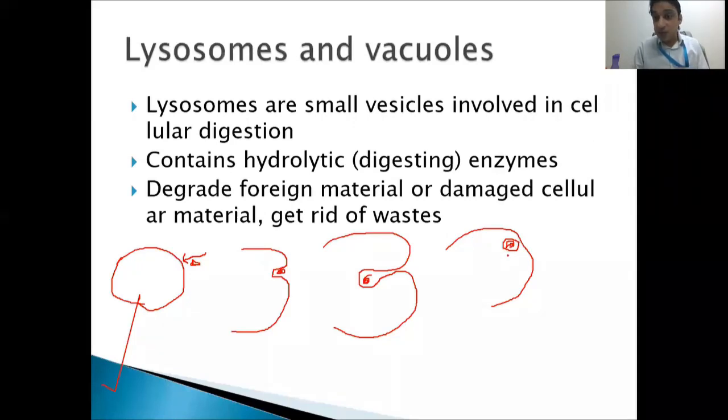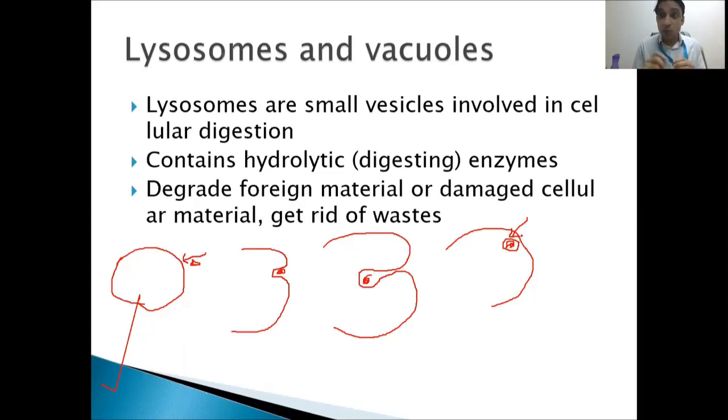After that, once it is there, this is now called a food vacuole. Now that food vacuole contains a material which is not easily absorbed by the cell because it contains big complex molecules.